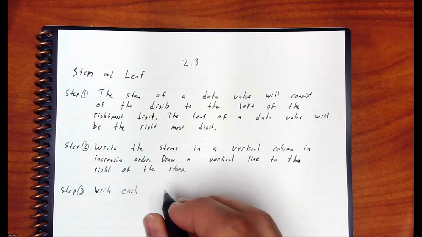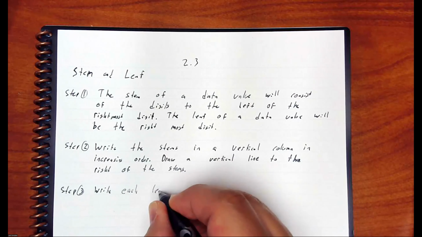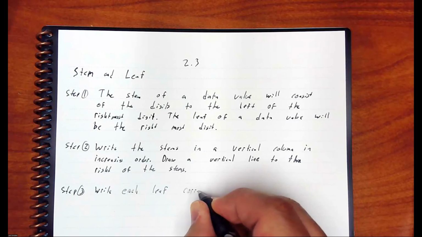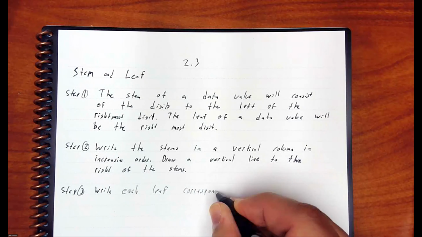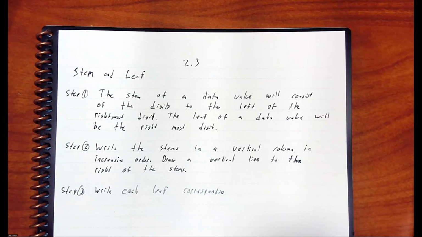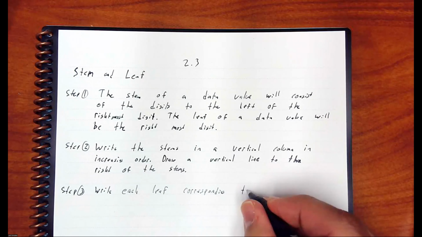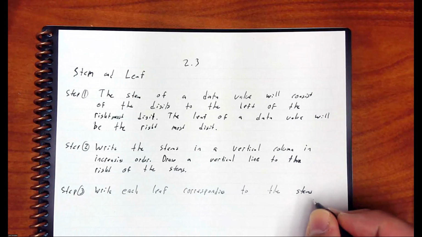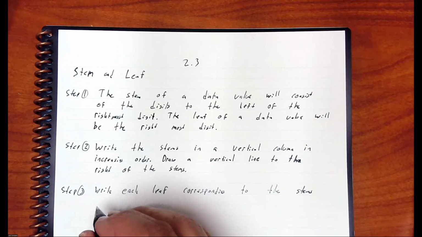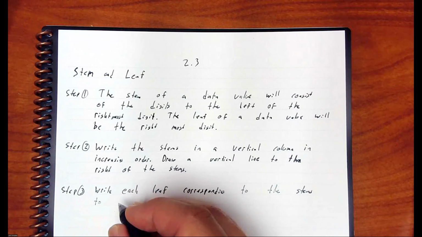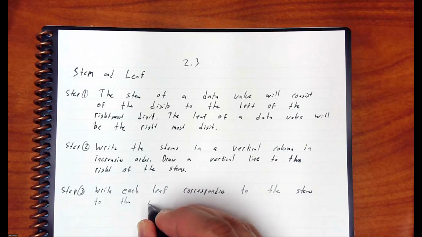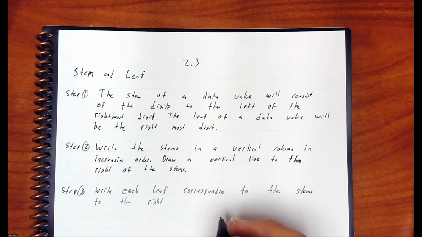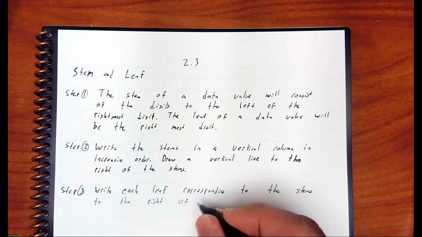Write each leaf corresponding to the stems, to the right of the vertical line.